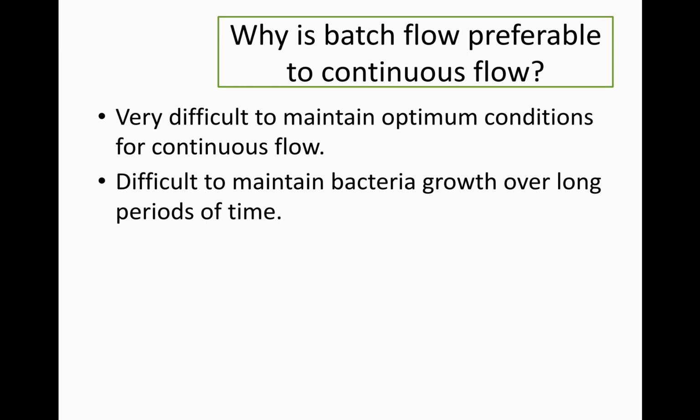It requires a very good scientist who's studying everything very carefully. And also, I suppose another reason is because in relation to batch flow, everything can be sterilized every single time once you've completed your batch and you start the next batch again, so things don't become too toxic, whereas that issue can arise in a continuous flow process.